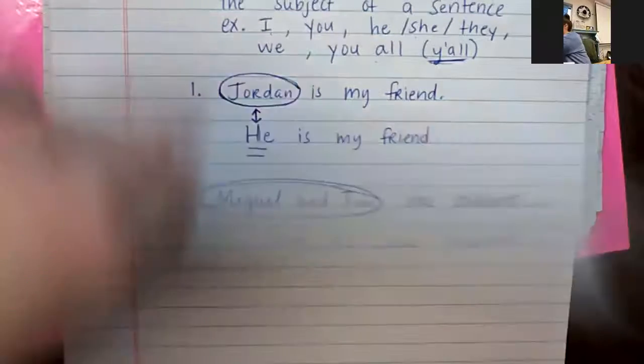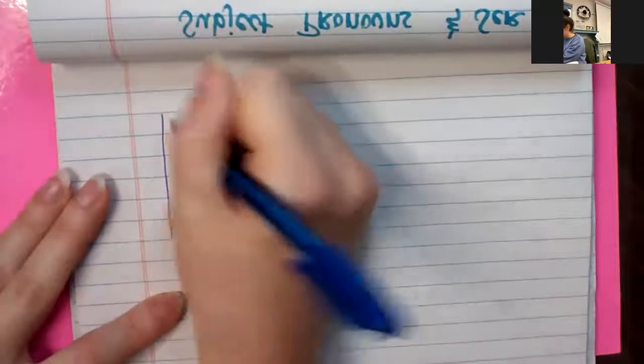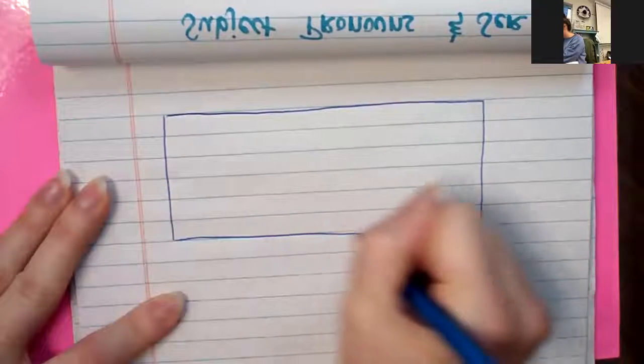So what we're going to do now, we're going to switch languages. We're still going to do the exact same thing, except we're just going to be looking at the Spanish words. So we have all seen this chart before.